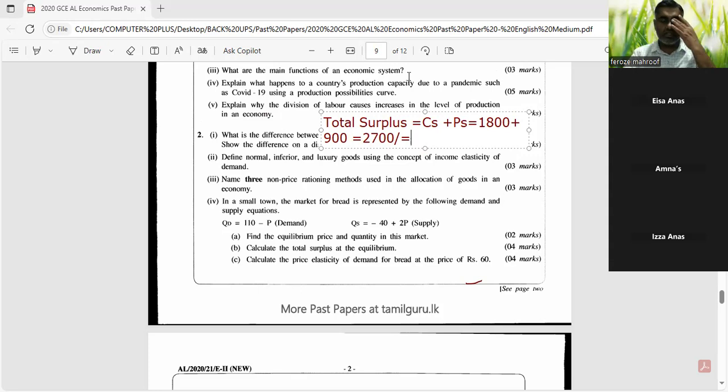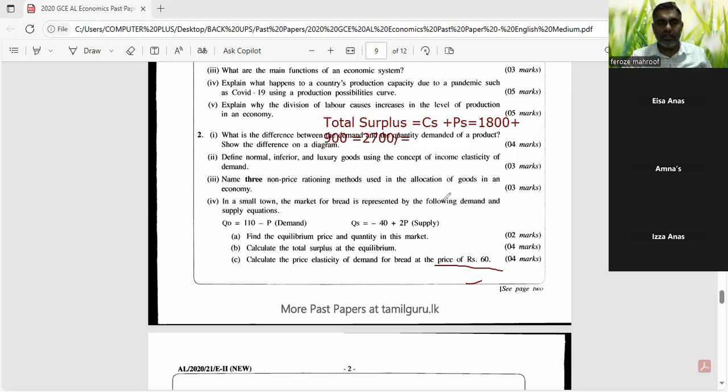Then see the C part. Calculate the price elasticity of demand at the price of 60. Is it the equilibrium price? No. Equilibrium price we got 50. And the question asks PED at 60.